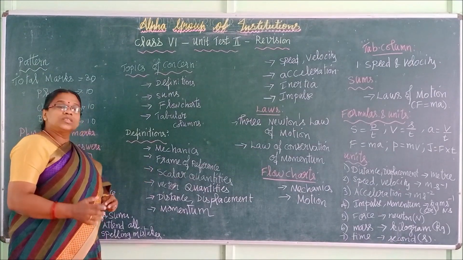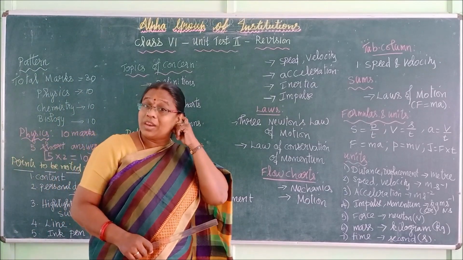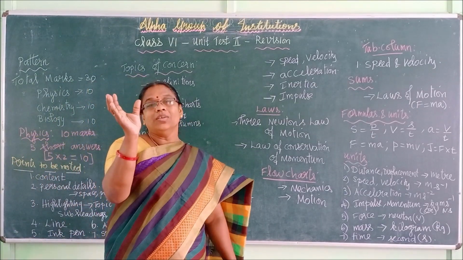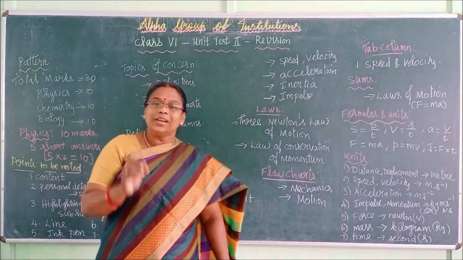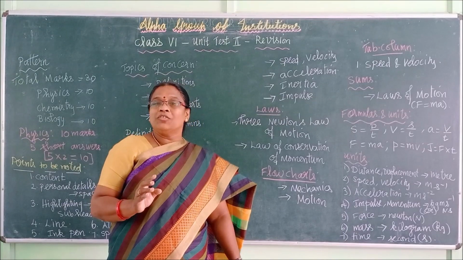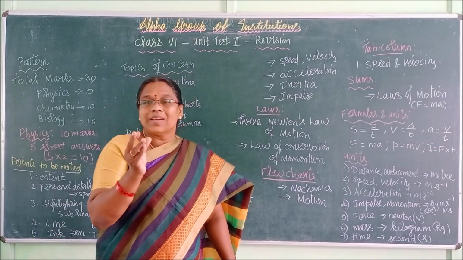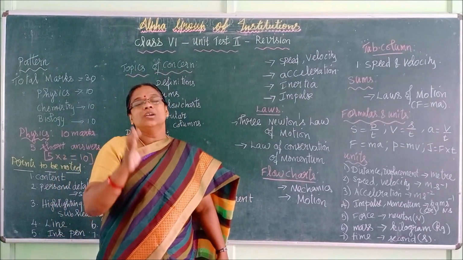Okay. Next one is scalar quantities and vector quantities. While you are writing this question, you have to be very careful. First, you have to give the definition. What are scalar quantities? Quantities having magnitude alone. What is the meaning of magnitude? Numerical value, the number I said. For example, your age is 13 years.